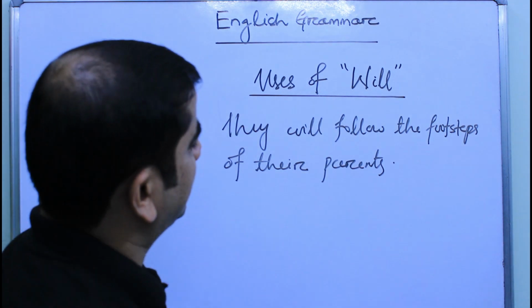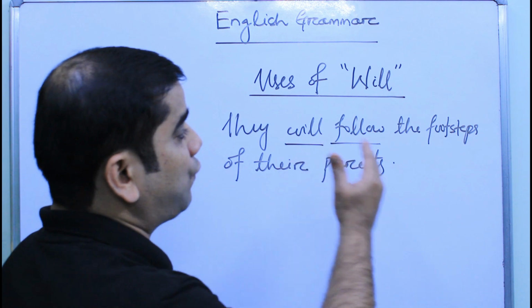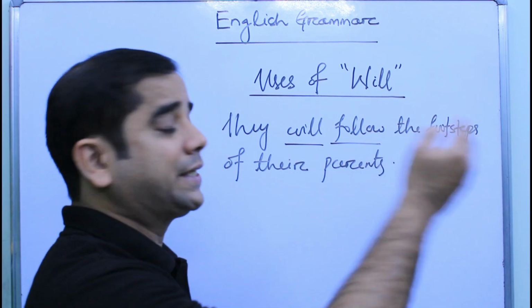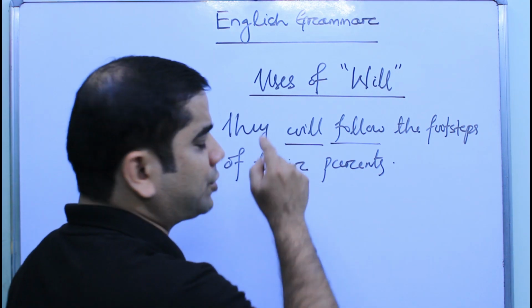In this case, the future action is to follow. They will follow the footsteps of their parents. So, following the footsteps of their parents is a future action, so we have used will.